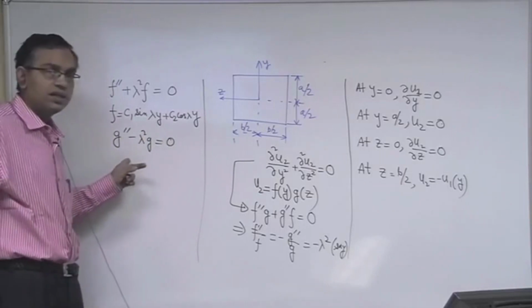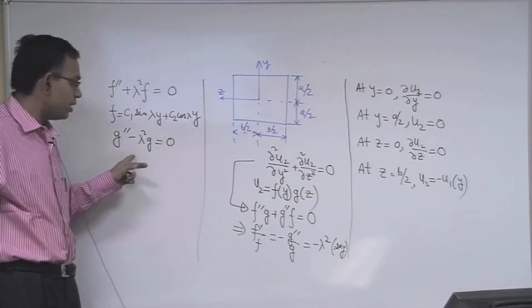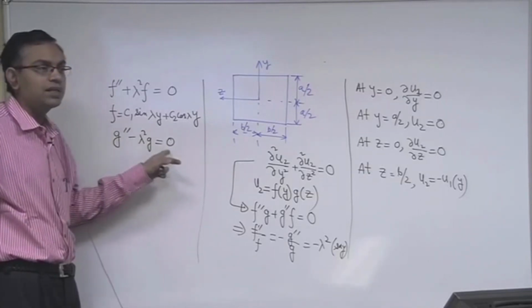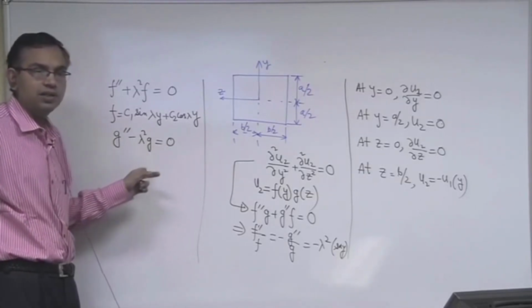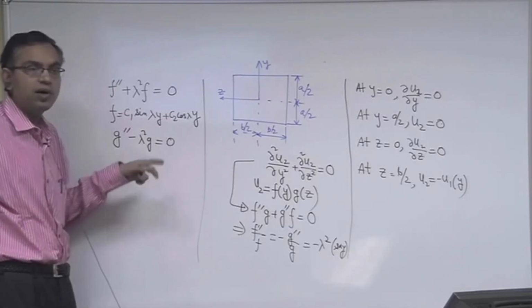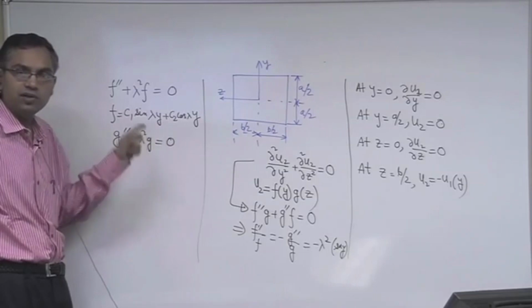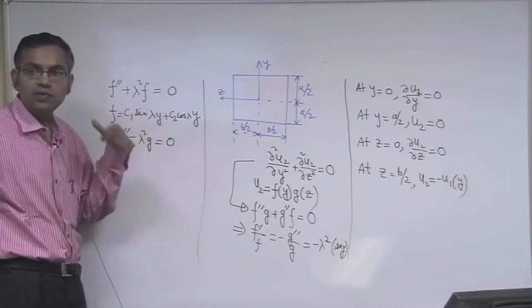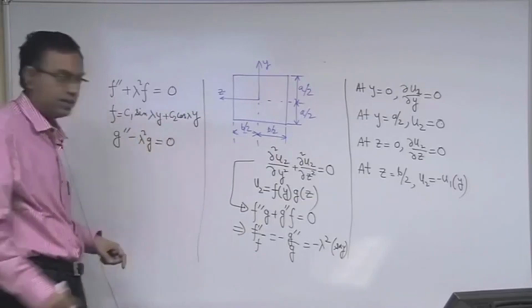So the solution is e to the power plus lambda z and e to the power minus lambda z, a linear combination of that. We can equivalently write this as a combination of cos hyperbolic and sine hyperbolic, because cos hyperbolic and sine hyperbolic are again linear combinations of exponential plus and exponential minus.